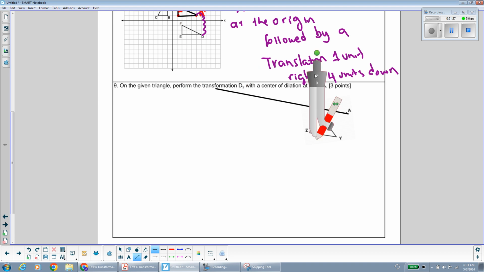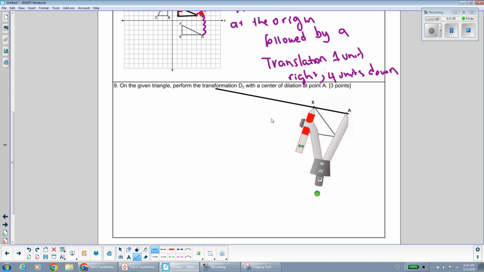So I'm going to just measure, pick up my compass, and that's easier for me on the computer. Okay, I'm just going to measure between point A, and I tried to get it on point A. It's kind of hard on the computer, so yours will be more accurate than mine, and point X. Put a little arc to show that I measured.